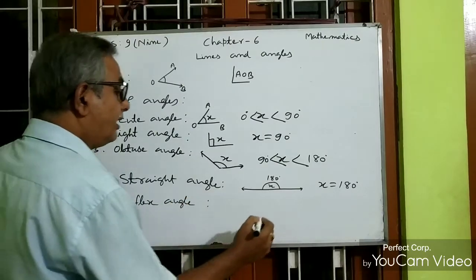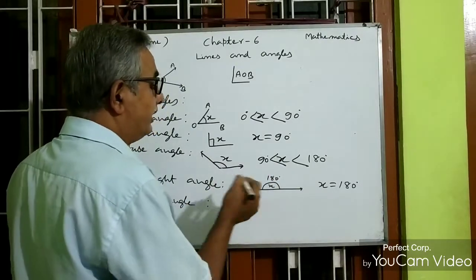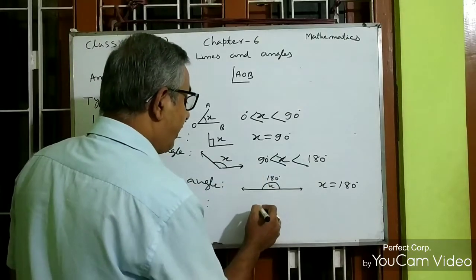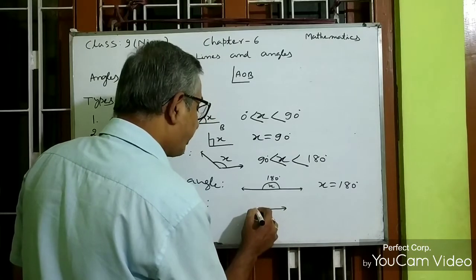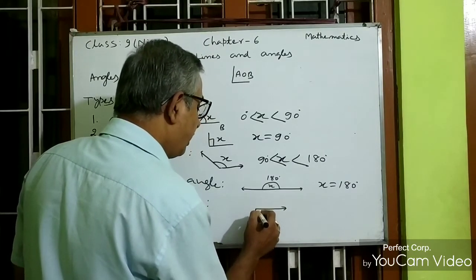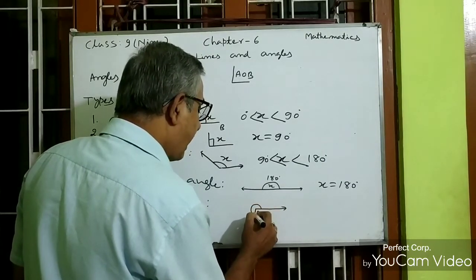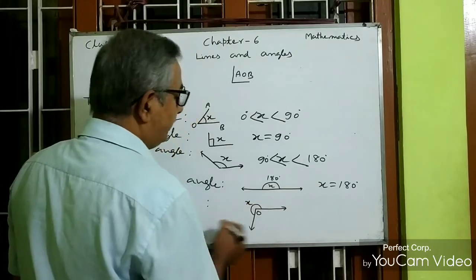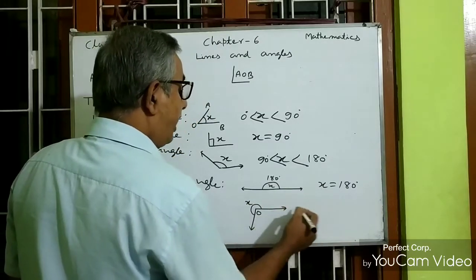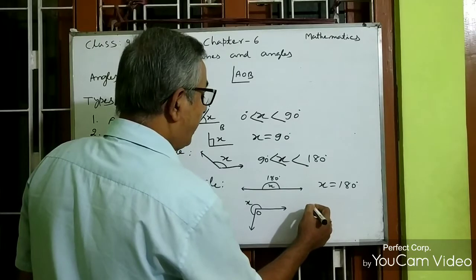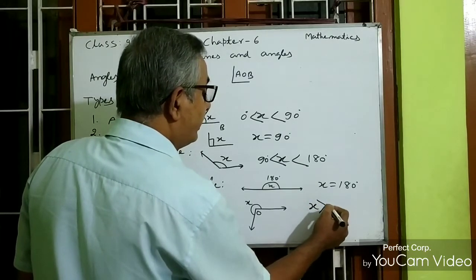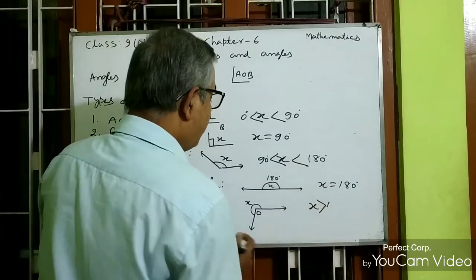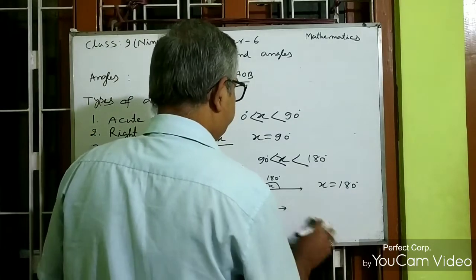An angle greater than 180 degree is called a reflex angle. For example, you see here this angle will be greater than 180 degree. X is greater than 180 degree but less than 360 degree.